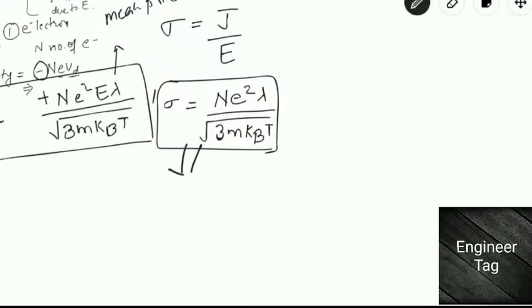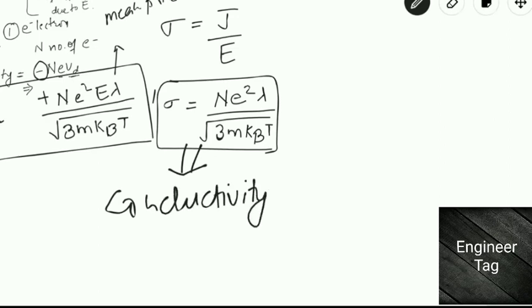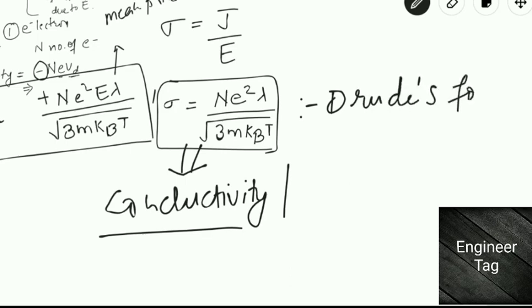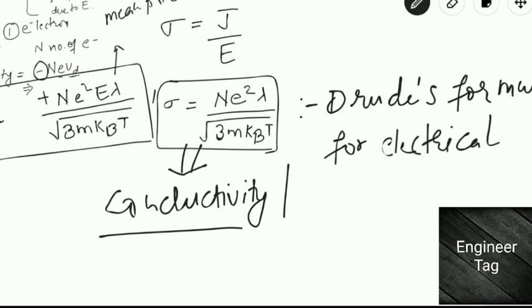This is your conductivity. This is also named as Drude's formula for electrical conductivity, because we are talking about the electrical properties, not thermal.